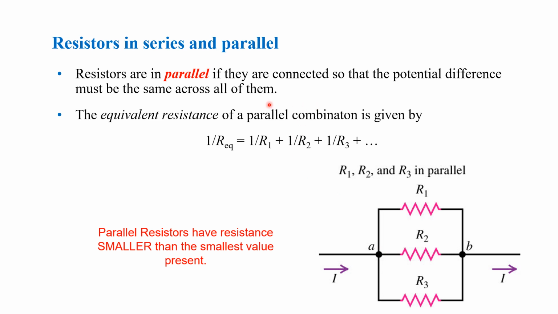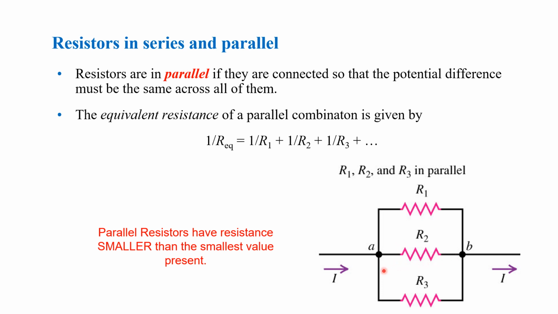Again, take note of this statement: resistors are in parallel if they are connected so that the potential difference is the same across all of them. So if you measure the voltage across R1, R2, and R3, you are expected to measure the same potential difference across the three resistors.